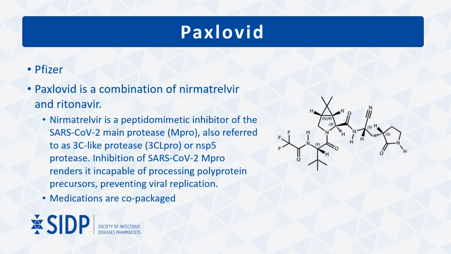Inhibition of this protease renders the enzyme incapable of processing the polyprotein precursors and thus prevents viral replication. It's important to note that currently Paxlovid is available in a card, and each card will contain 2 pills of nirmatrelvir and 1 pill of ritonavir, and these are to be taken together.